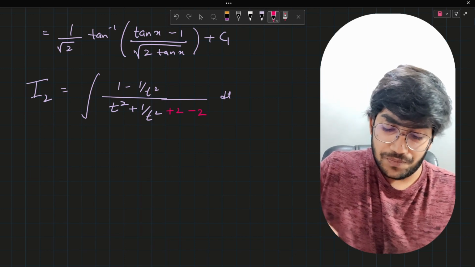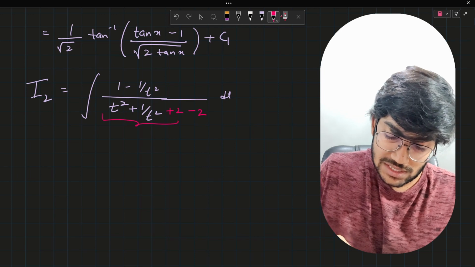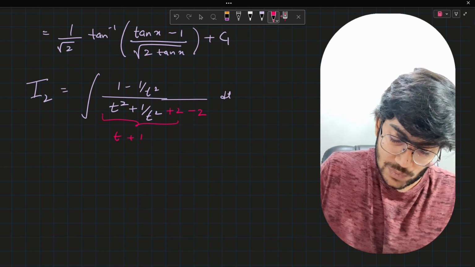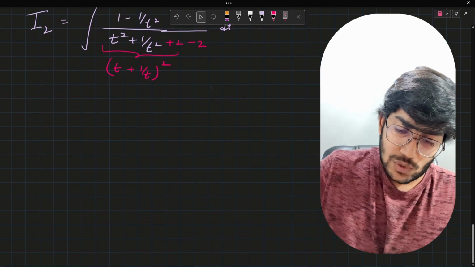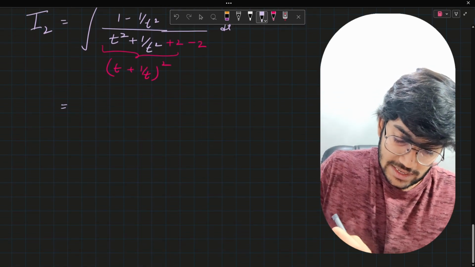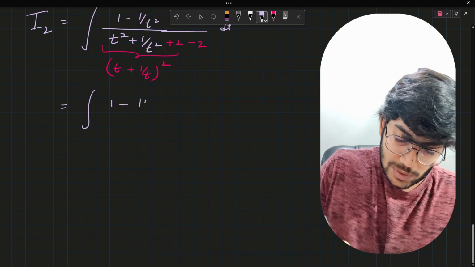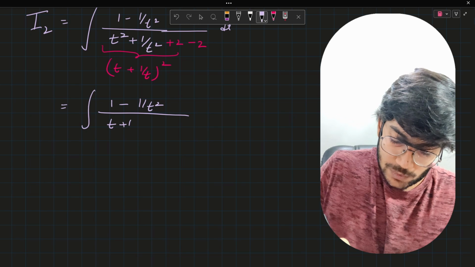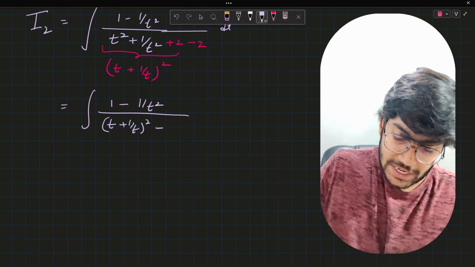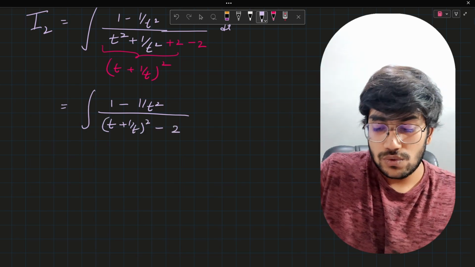And if you observe, what is this? This is t plus 1 over t whole squared. What this gives us is basically the integral of 1 minus 1 by t square over t plus 1 by t whole square minus 2 dt.